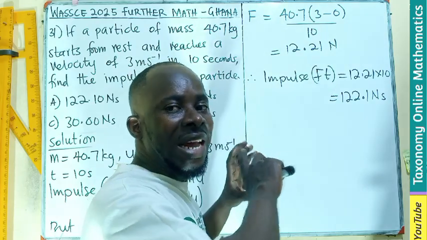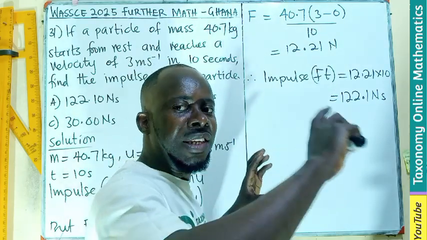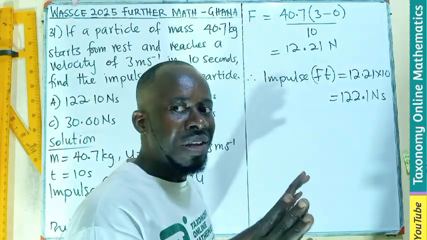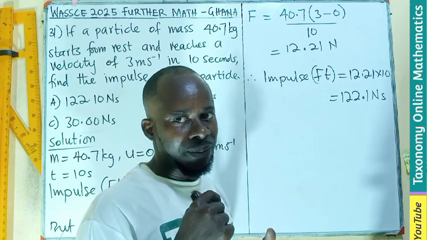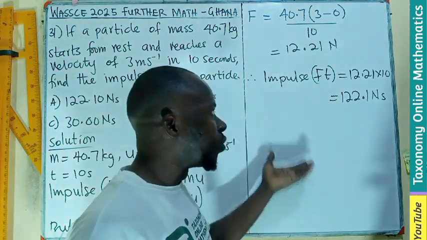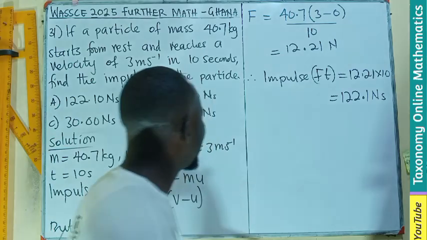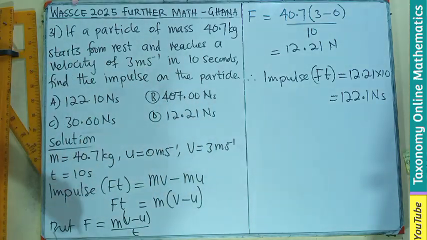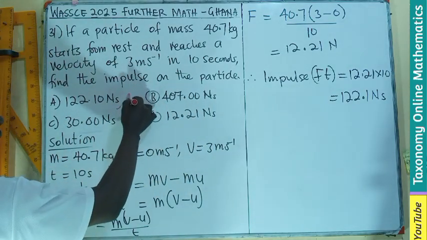That means you are just saying the impulse equals the change in momentum, which gives the same answer, ignoring the 10 in the question. But here you make use of the 10, and we still get the same answer. So the option we are going to go for is option A.